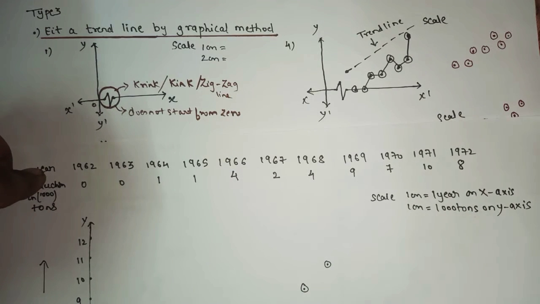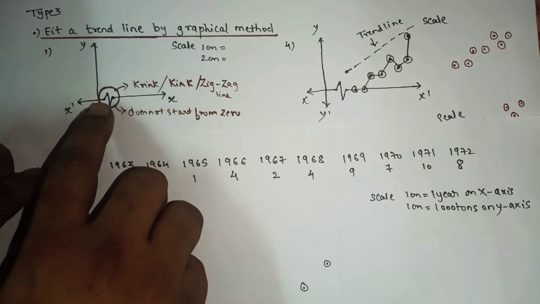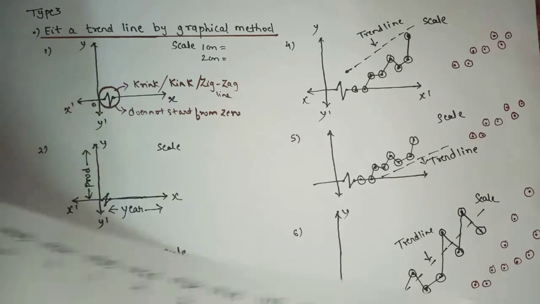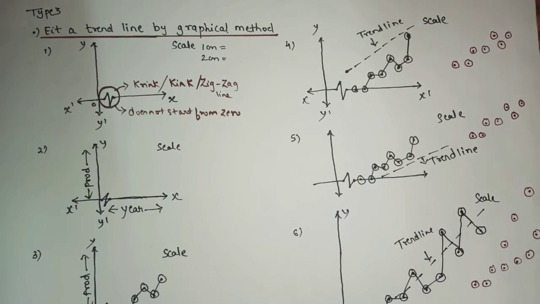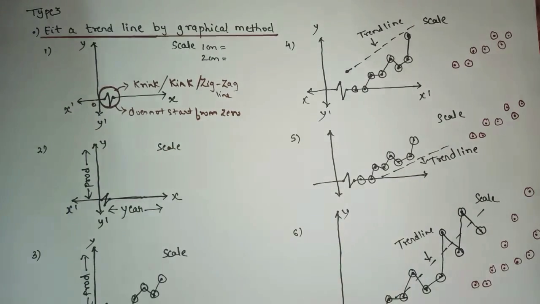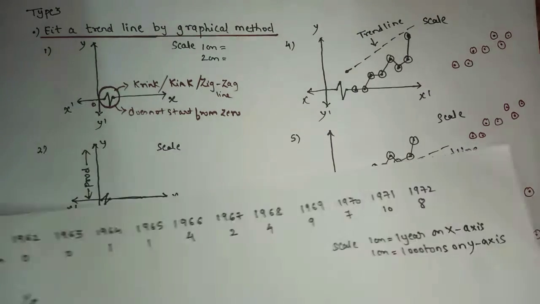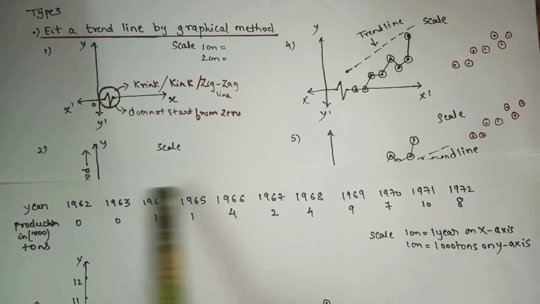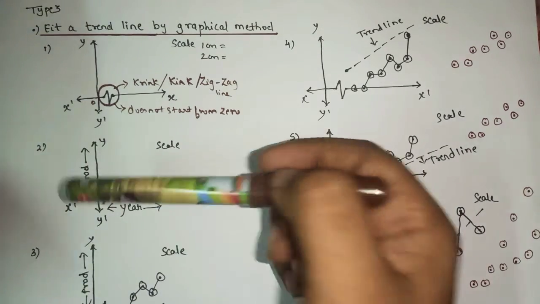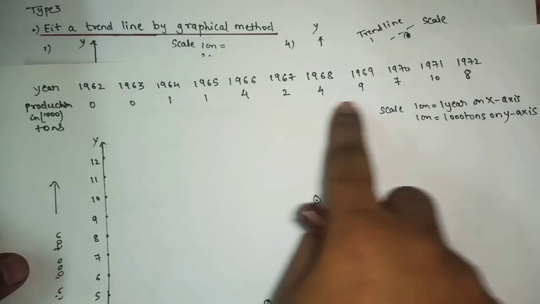That symbol we usually draw on the x-axis near the origin. Now we'll move on to point number 2. On the right hand side you will write scale. Yes or no? Then on the x-axis, you will write the numbers which are there in the years. On the y-axis, production will come.